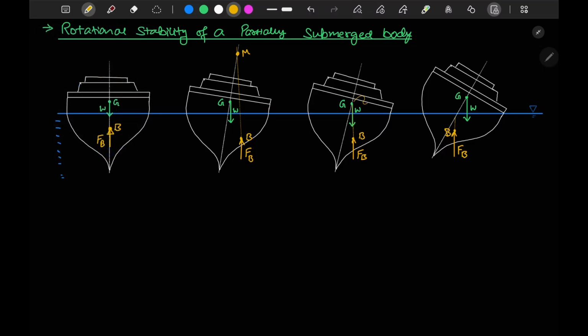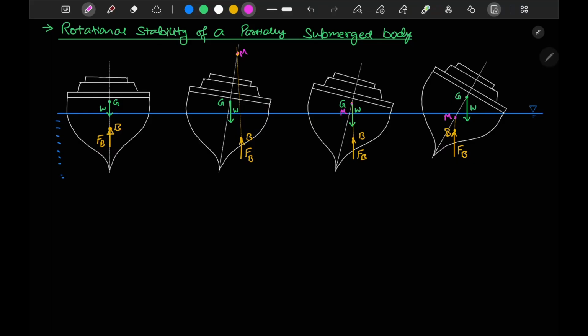So this is also your metacenter. This point here is the metacenter M, and this point here indicates both G and the metacenter M.